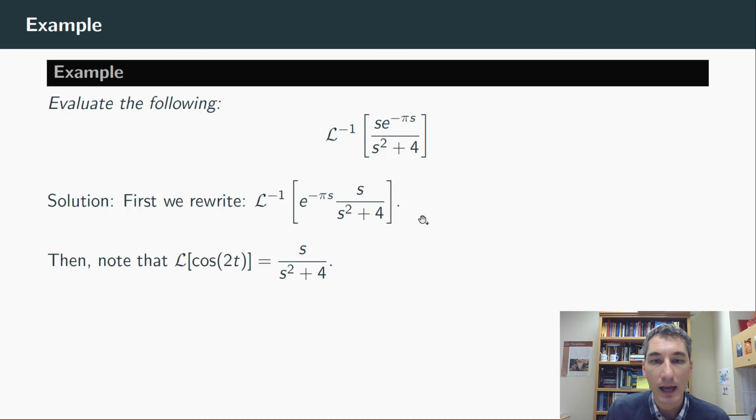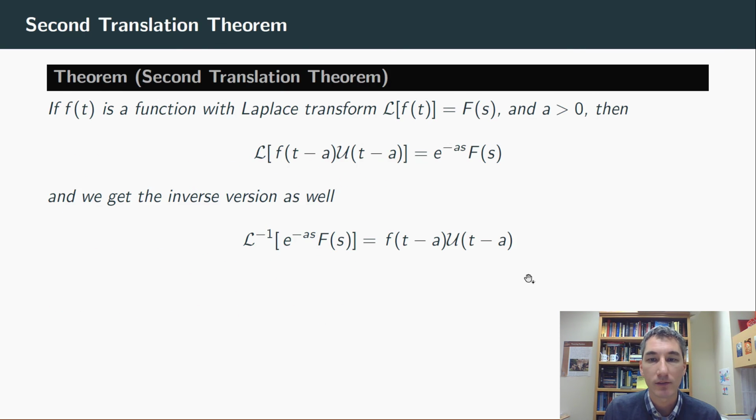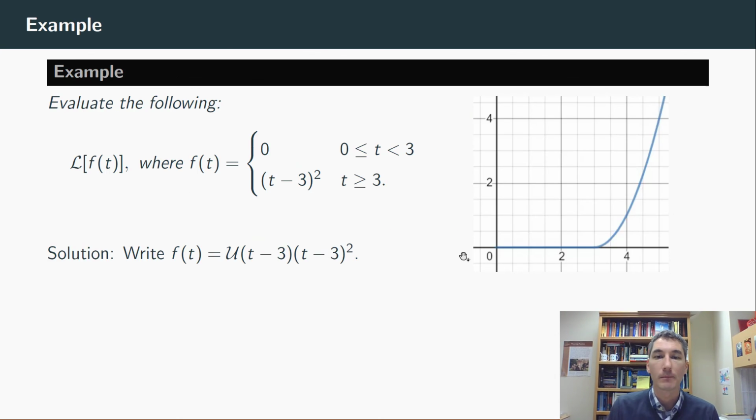So when I see that, I'm seeing, oh, this looks kind of like cosine, but it's multiplied by e to the minus pi s. So if I go back, I'm seeing it's a basic function, looks like the Laplace of cosine, but then multiplied by that. So when I come back, I should be seeing a shifted version of cosine turned on at that number.